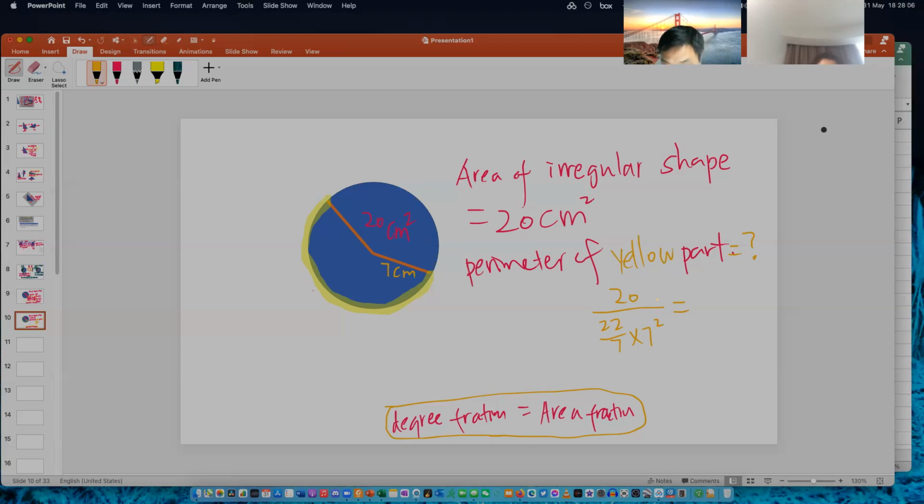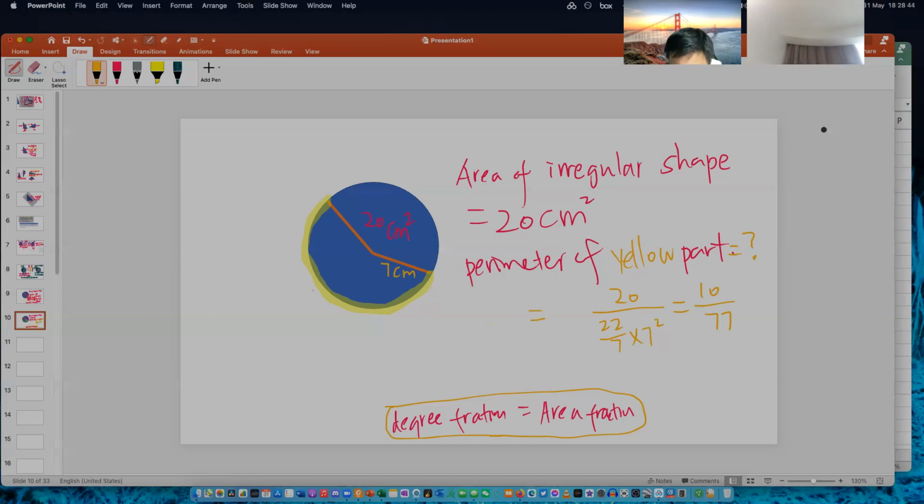Use your calculator and help me out with the area fraction. 10 over 77. So the fraction is 10 over 77. Am I right? Yes, good.